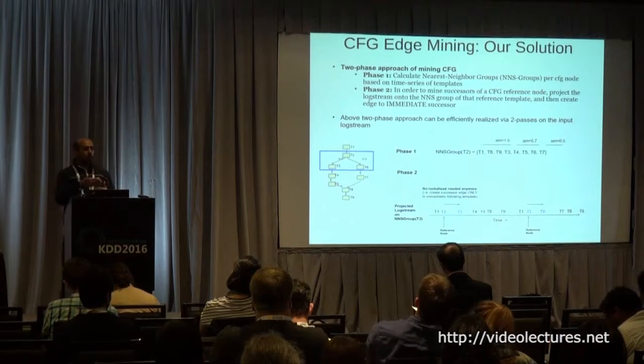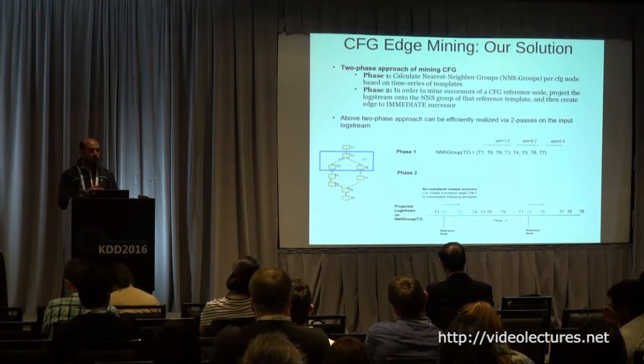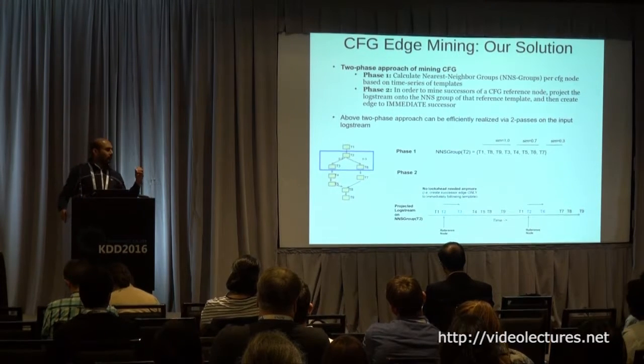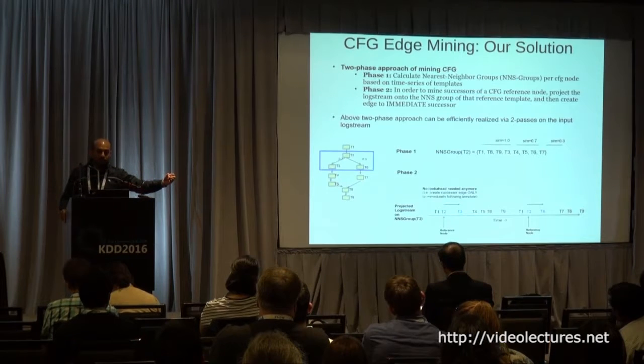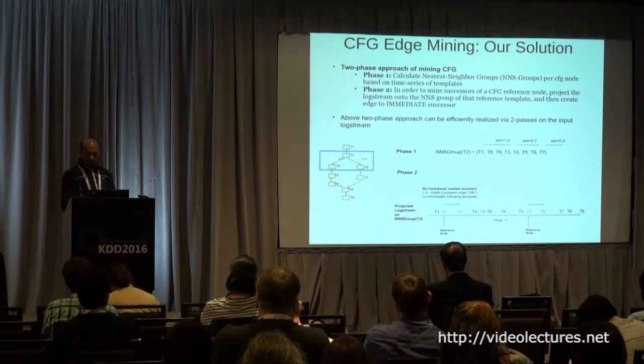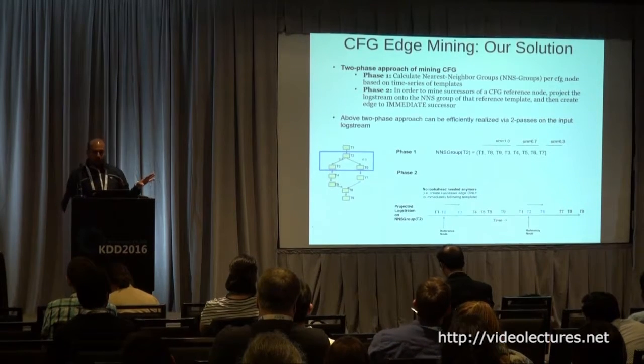I just skip the counters of those and use the first entity which is a member of the nearest neighbor group. What that gives you is that you are not forming edges to the noisy candidates. You are forming an edge to a genuine candidate, and that too to an immediate successor, not to a downstream descendant. So at a very high level, we break this into two phases, which makes it work.